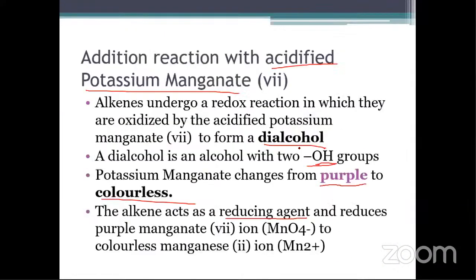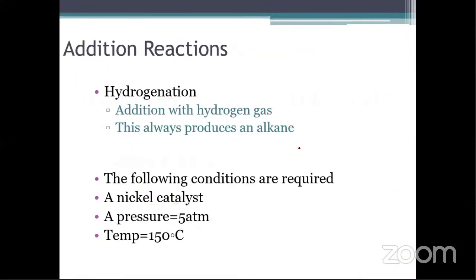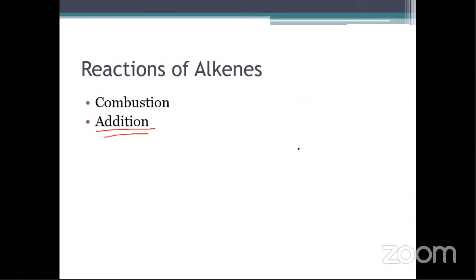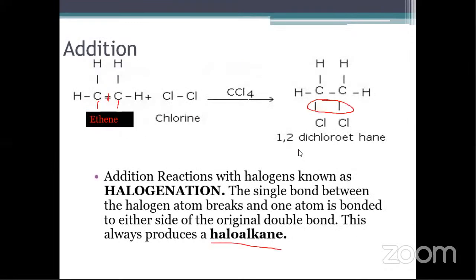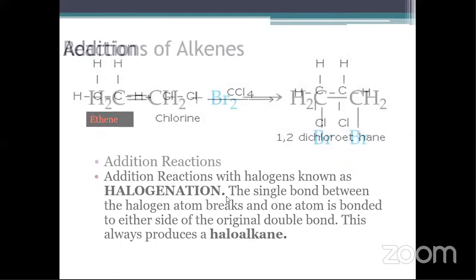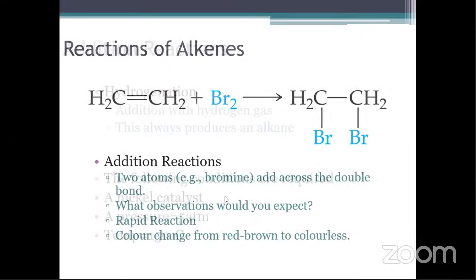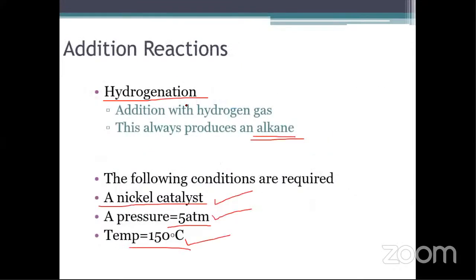So, the reactions we spoke about today: alkenes undergo combustion, which is burning, and they undergo addition reaction. So what can you add? You can add a halogen, and we call that halogenation. You can add hydrogen, and we call that hydrogenation.